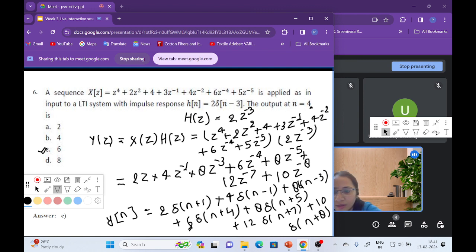And this will be the minus only: n minus 4, n minus 5, n minus 7, and n minus 8. So the correct answer for this question is 6.